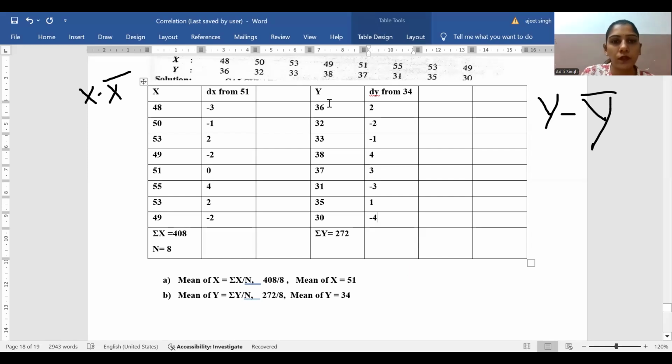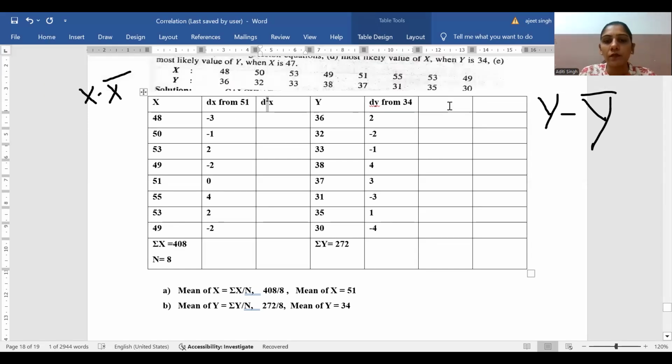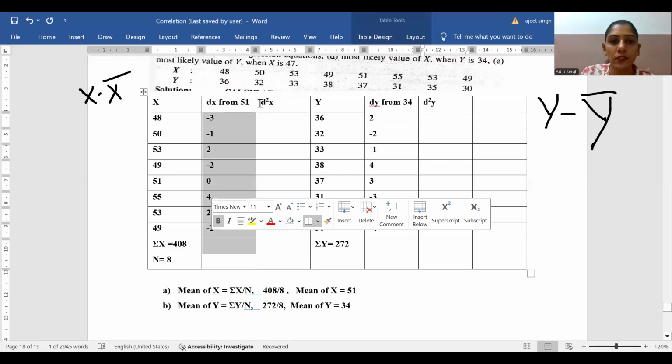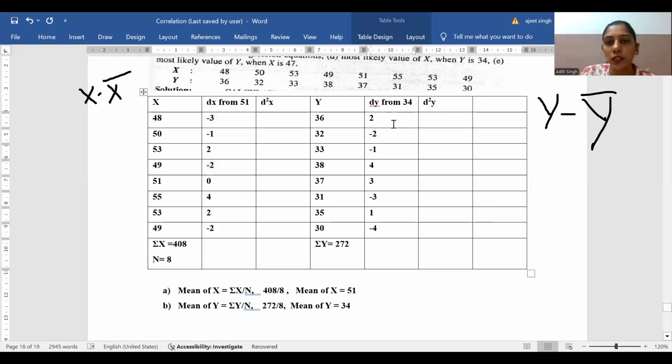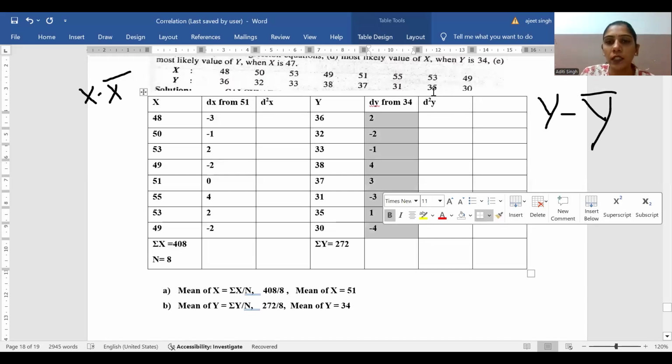Now we will calculate d square x and d square y. Let's square the value of dx for calculating d square x, and square the value of dy for calculating d square y.